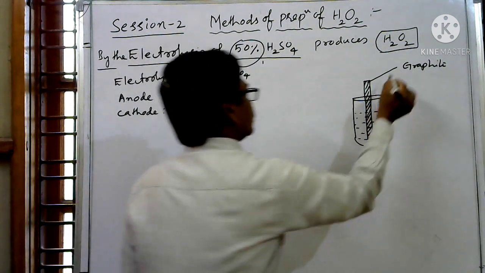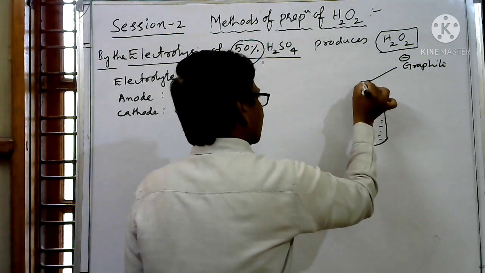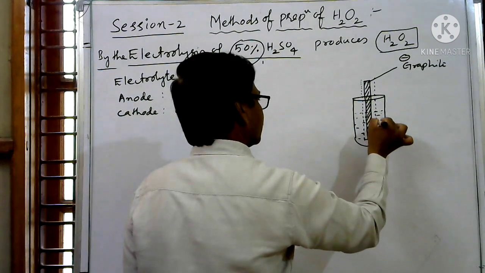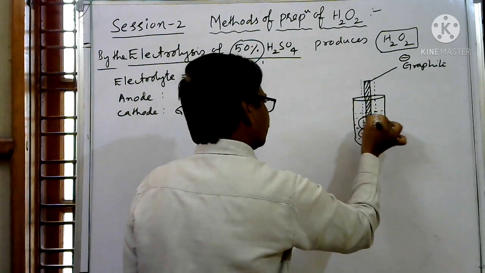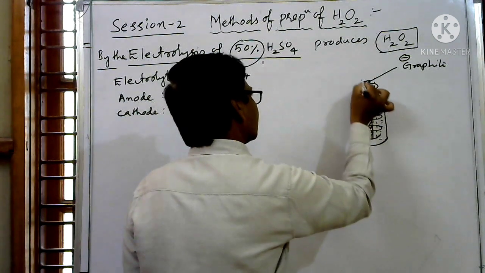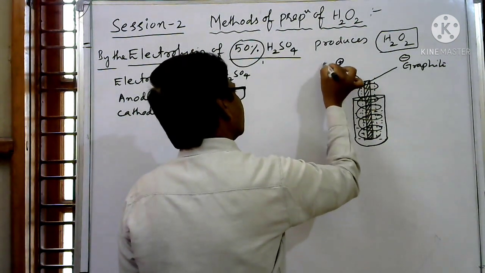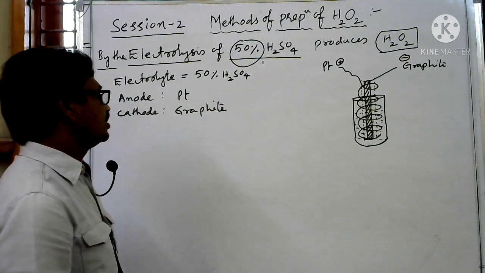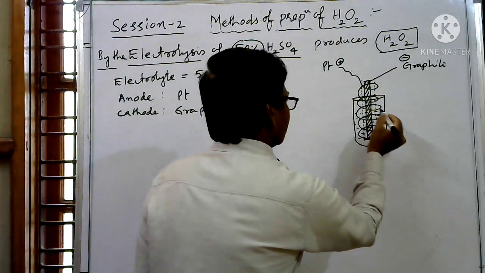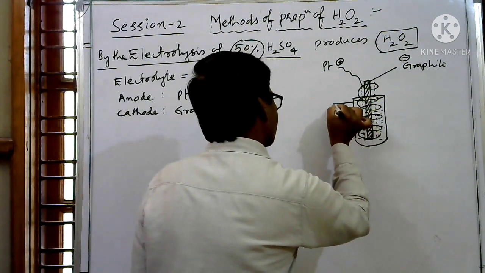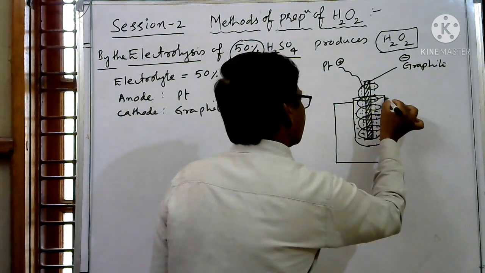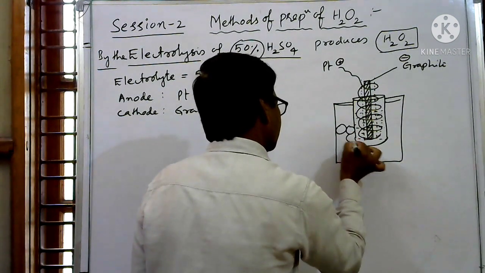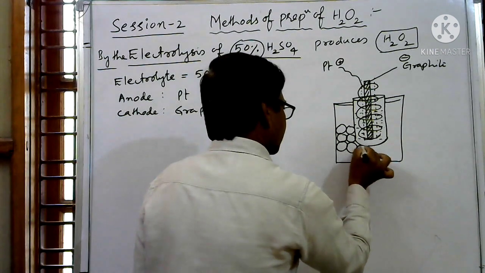The graphite electrode is the cathode, so it is negatively charged. Here we should take one diaphragm like this, separated, and here we should take one platinum foil. This is the positively charged electrode; the anode is the positively charged electrode. This whole container is dipped in one more big beaker-like vessel, in which we should take some ice cubes, because whenever you are preparing hydrogen peroxide, we should take ice cold conditions.